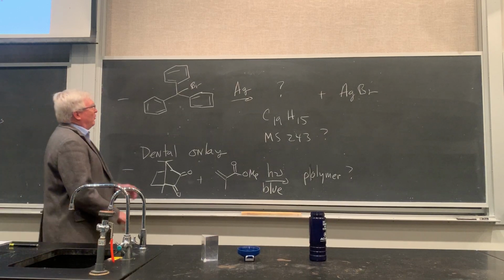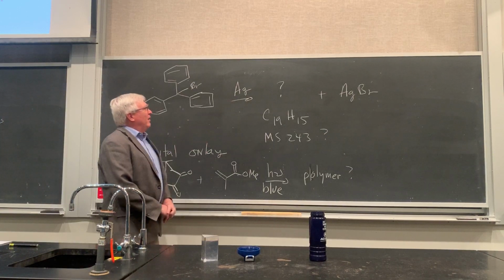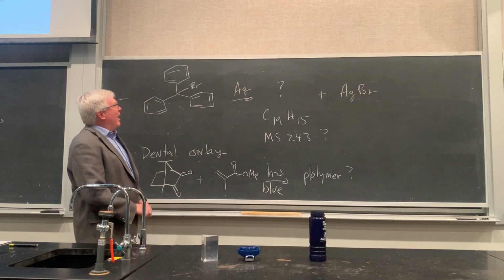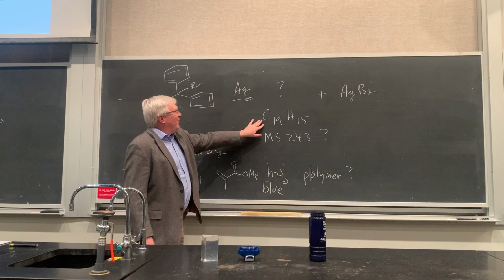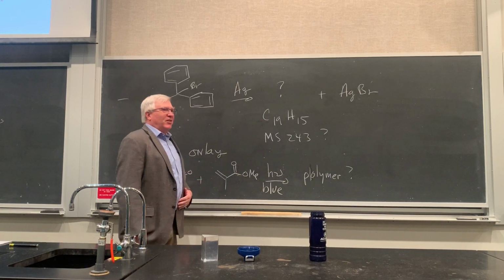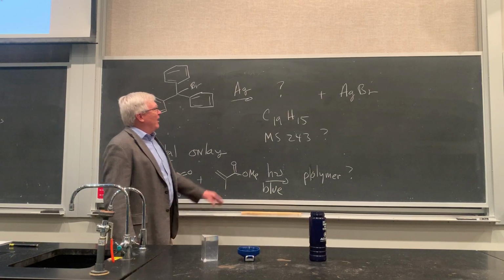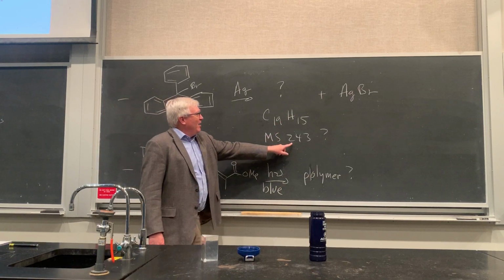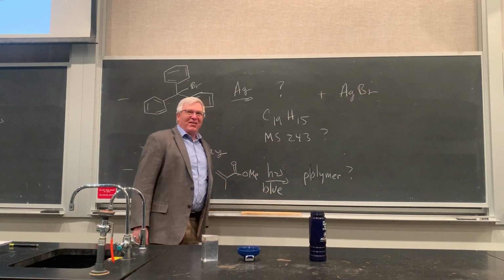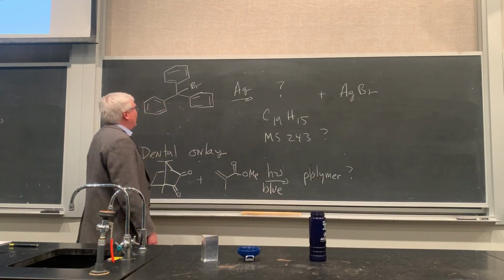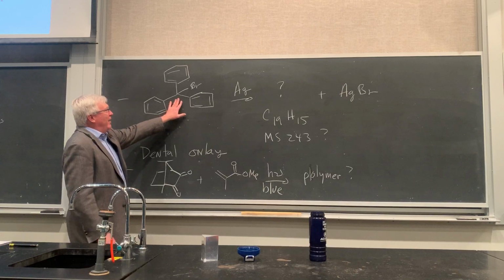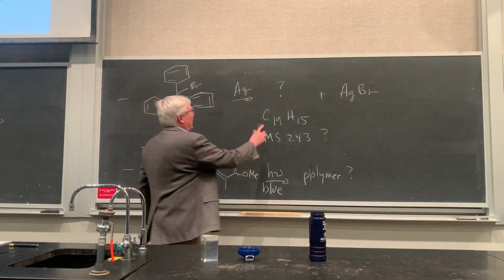If it's reacted with metallic silver, you form silver bromide plus something that's stable here. It's got C19H15, which is an unusual molecular formula. There's no nitrogen in here, but it is an odd mass. And this puzzled chemists for a long time. What is the structure when this bromide reacts with silver?